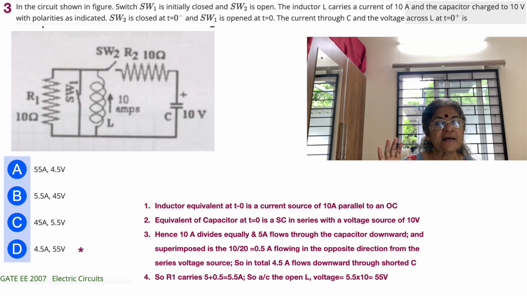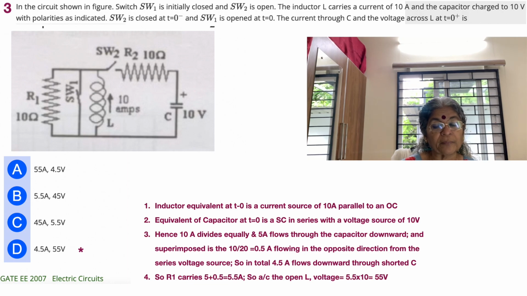So the capacitor is standing there with the charges trapped in it, ready to discharge as and when it gets a circuit. The inductor L carries a current of 10 amps and the capacitor is charged to 10 volts with polarities as indicated. As indicated, SW2 is closed at t equal to 0 minus. This 0 minus and 0 plus were earlier big matters of concern.